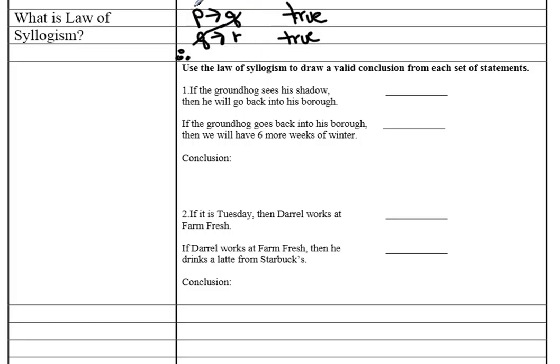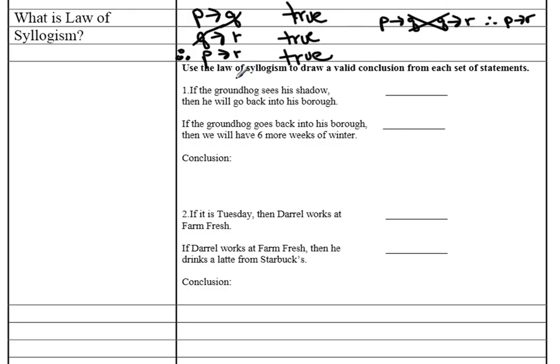We can conclude that P then R is true. It's actually, if you remember the transitive property of geometry or of algebra, when you had the two ideas back to back, then you could cross out the middleman and you were just left with the first and the last term.